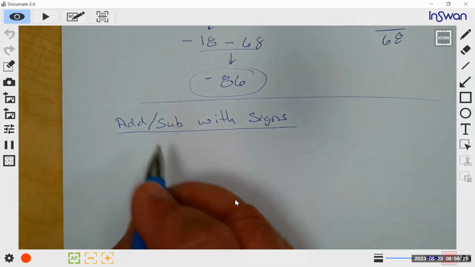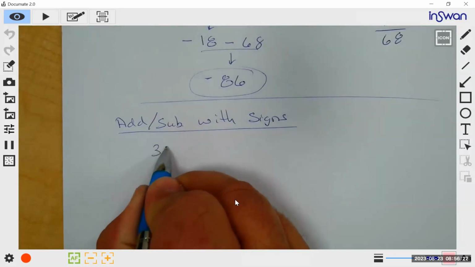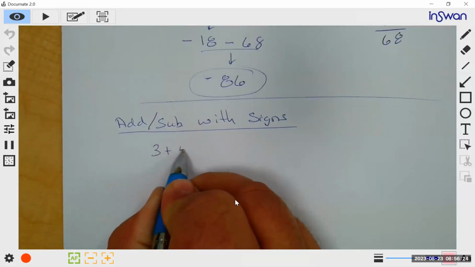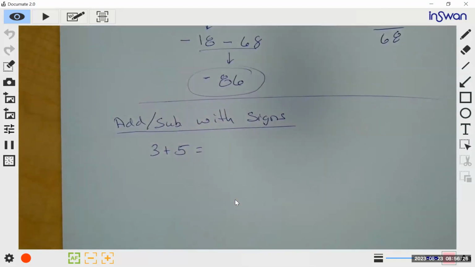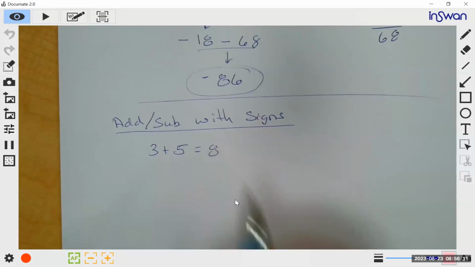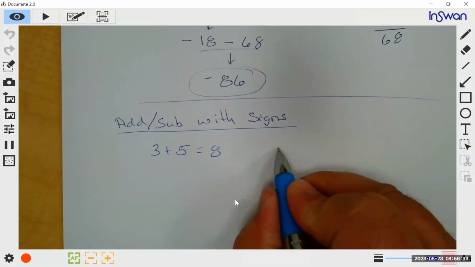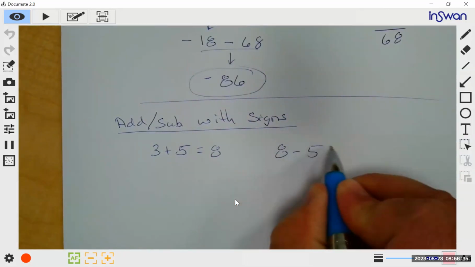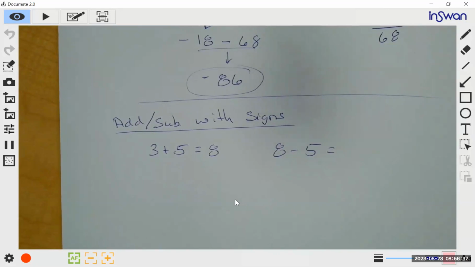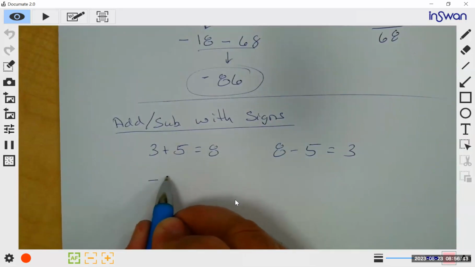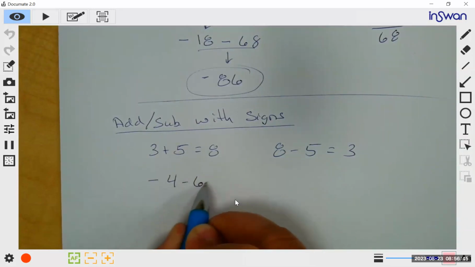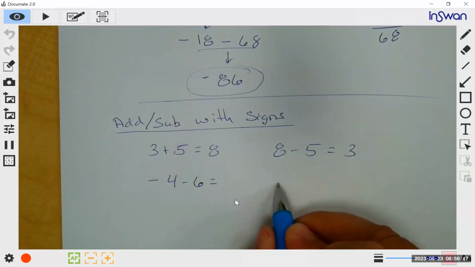In other words, we're all okay if we had numbers like this. 3 plus 5 is 8. Or how about if we had 8 minus 5? Those are okay. The problems occur when we have these type of problems.